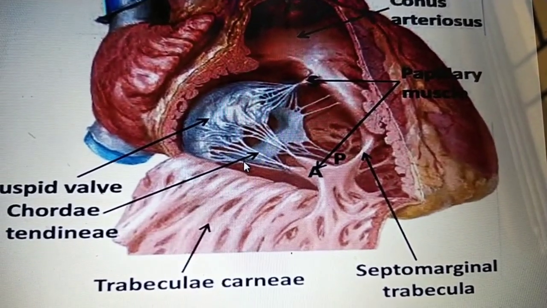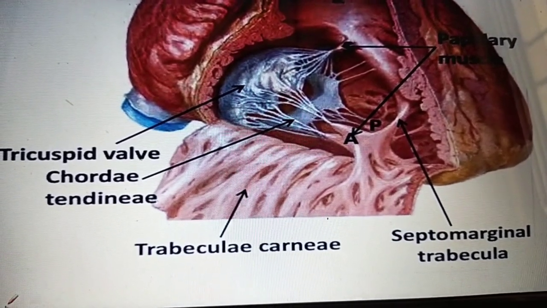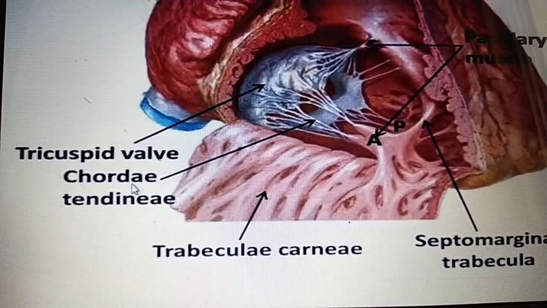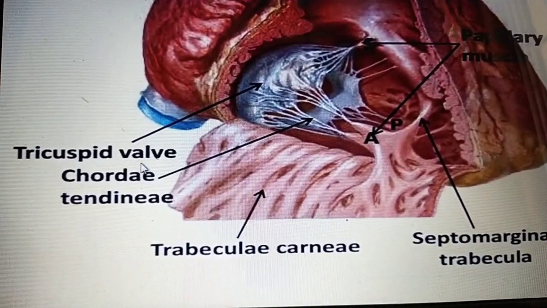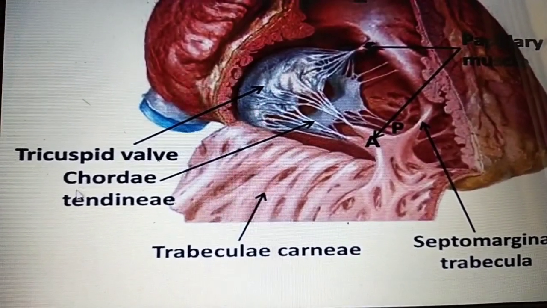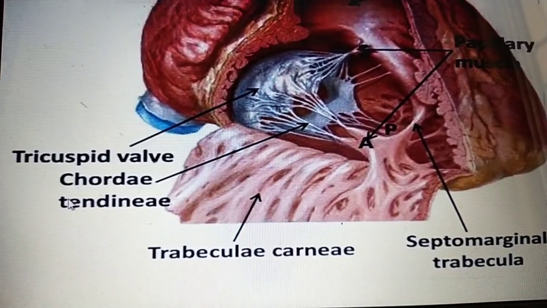Here are some structures. Now what is meant by chordae tendineae? Let's go for the word meaning of chordae tendineae. Chordae denotes or is similar to cord. Tendineae denotes or is similar to tendon.